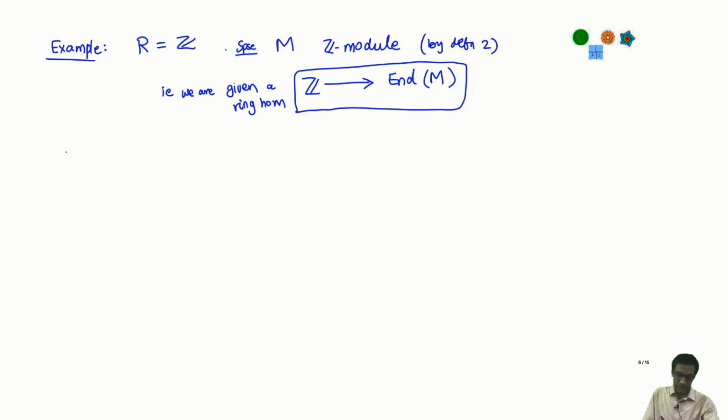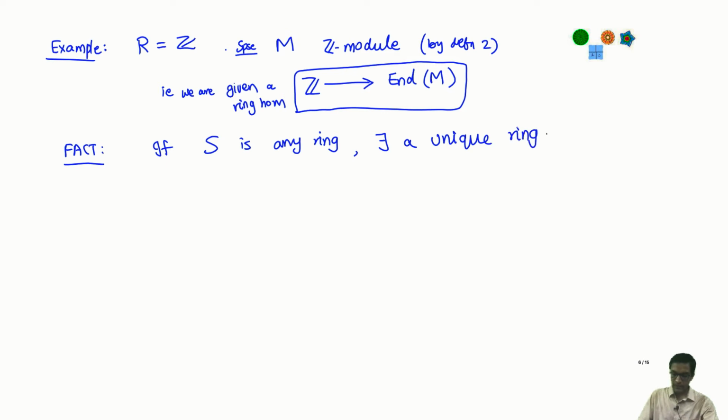So claim, or little fact: in fact not just the ring End M, if S is any ring whatsoever, in particular I can take S to be End M, there always exists a unique ring homomorphism from Z to S. Okay, so let's prove this.